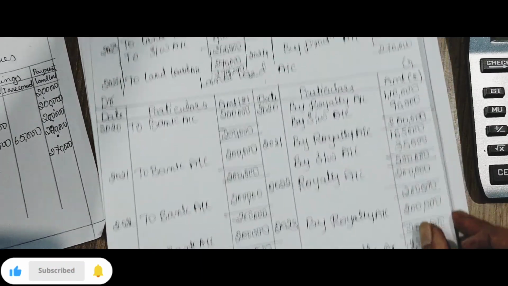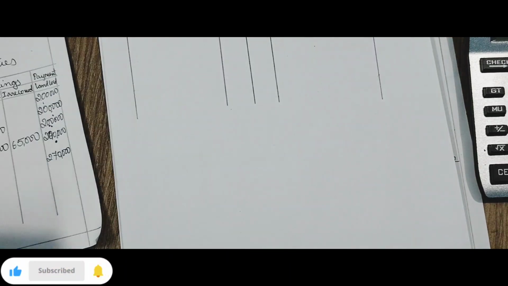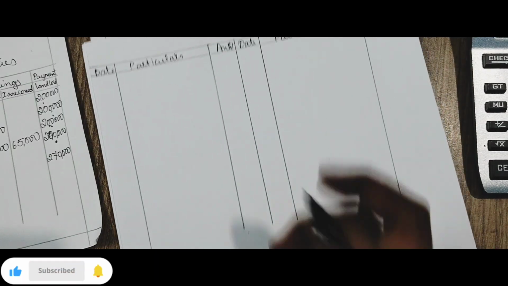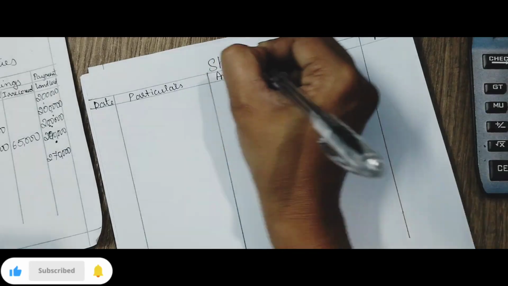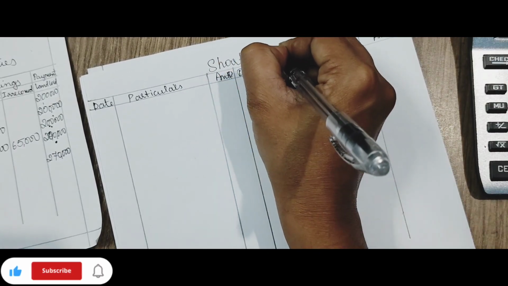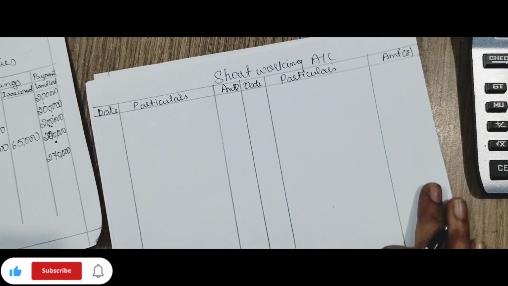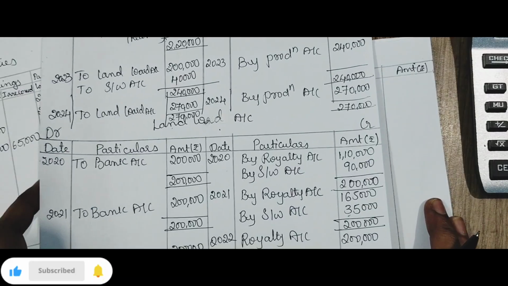Okay. Last, one more account is there, that is short working account. Let us prepare the short working account. Here you can see where you have recorded short working.